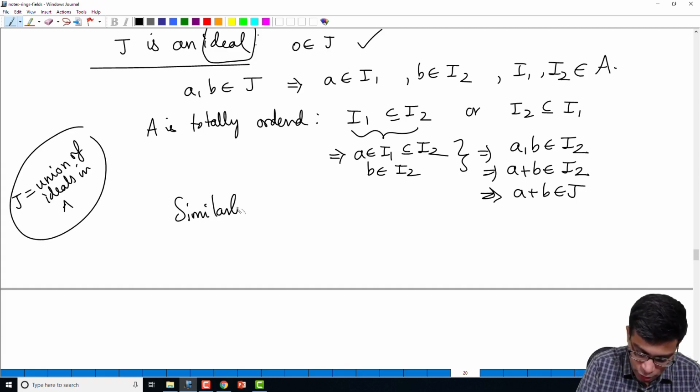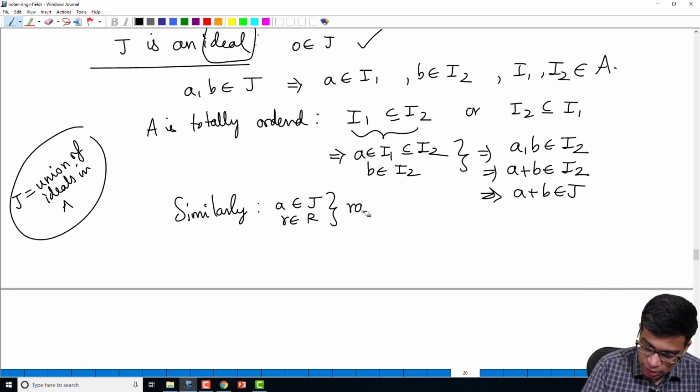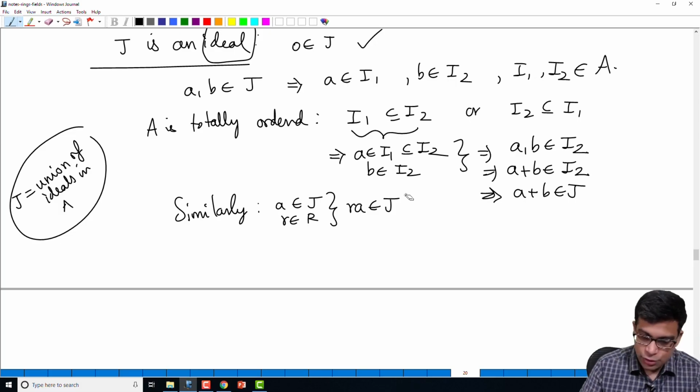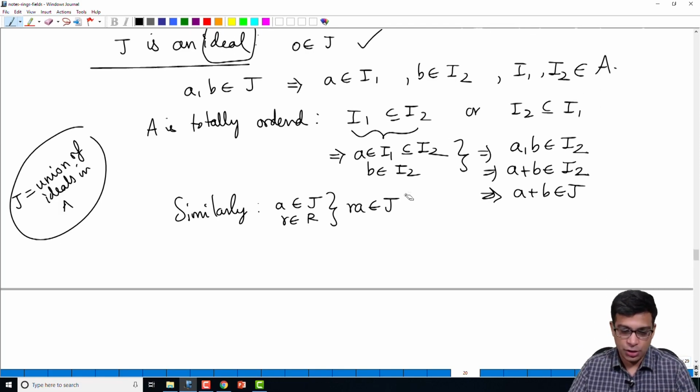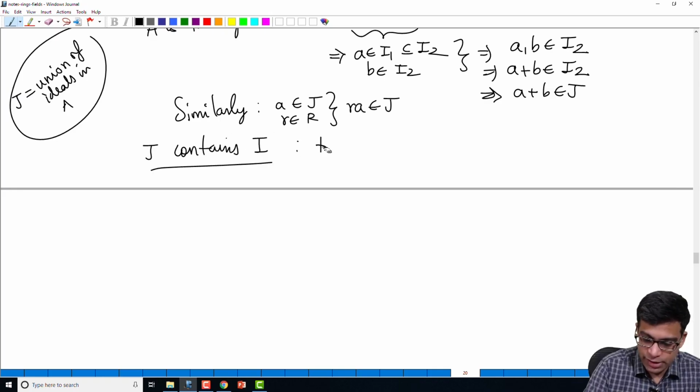Similarly, you can conclude, this is easier, if A is in J and R is in R, then RA is in J. So J is an ideal, that is okay. And finally J contains I trivially. Why is this?